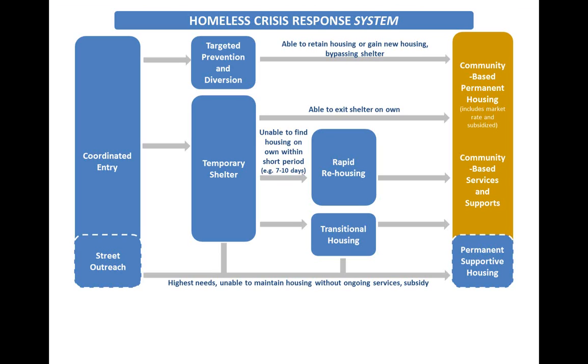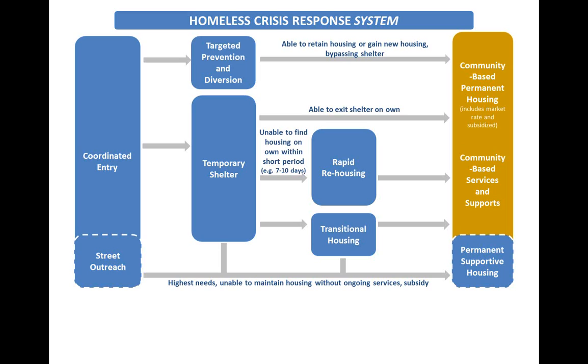Often these persons need some amount of assistance to end their homelessness, and this can be in the form of rapid rehousing using existing landlords and short-term financial assistance, or transitional housing. Transitional housing is often project-based or site-based housing for an extended period of time, but not permanent. These two interventions both lead the participant to permanent housing.